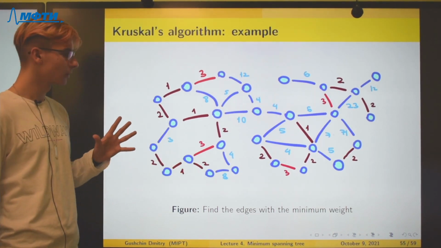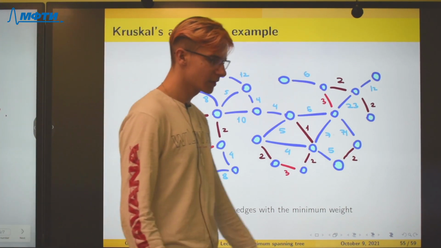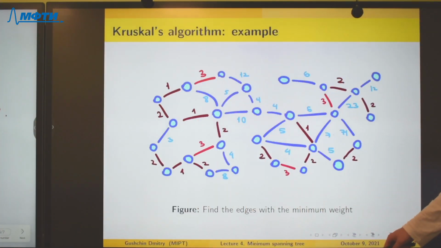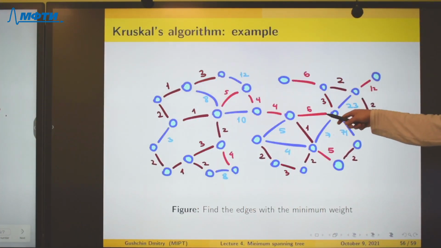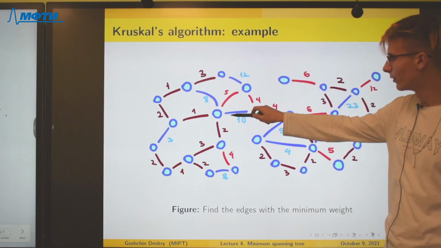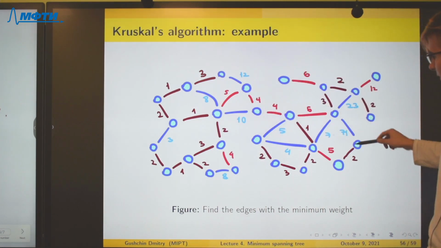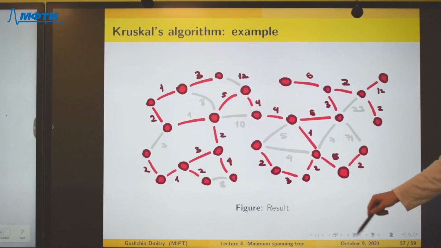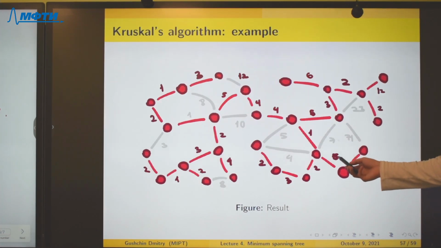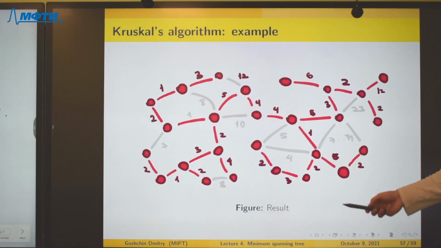Understandable, yeah? We add with 3, we repeat it for 4, then for 5, for 6, and you can see that after it we get the same minimal spanning tree.